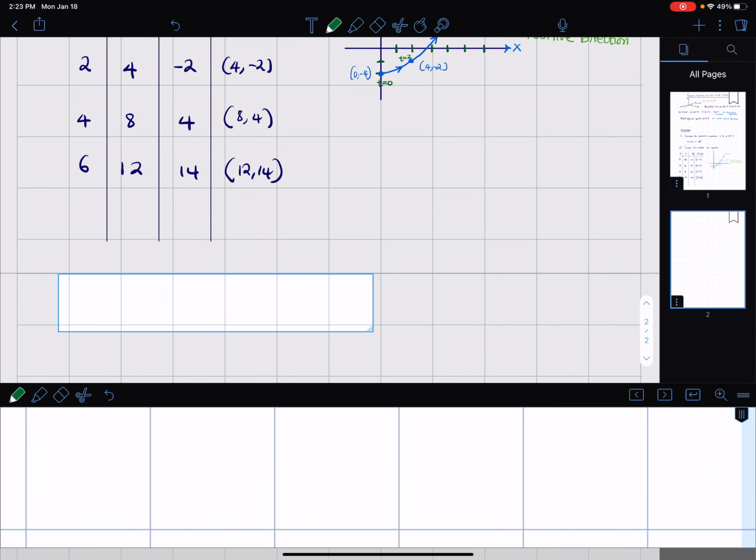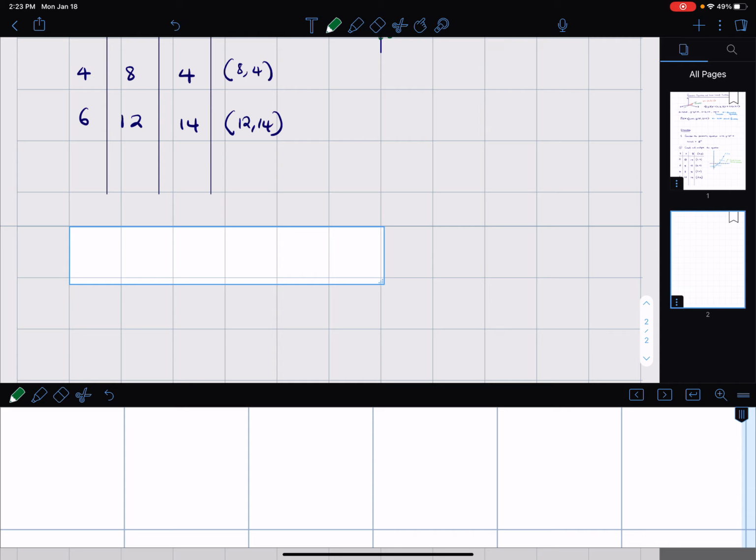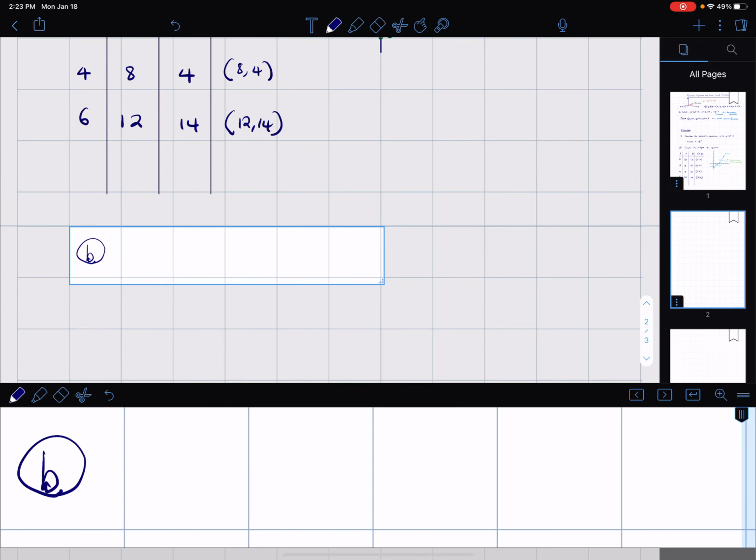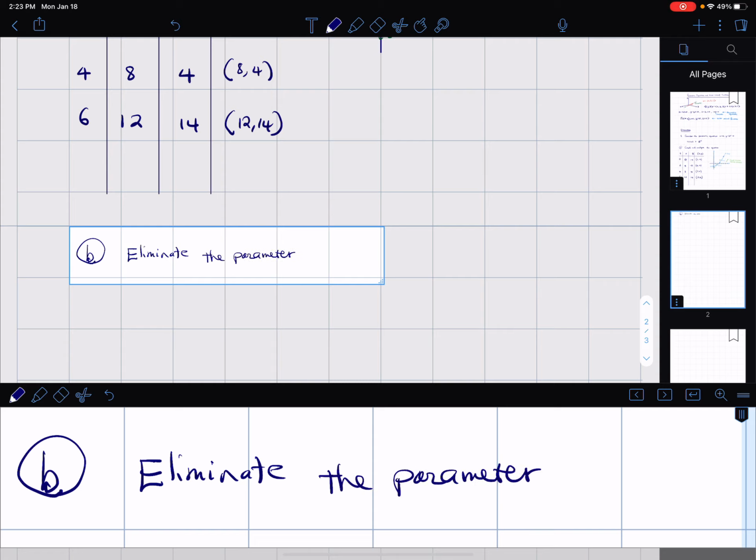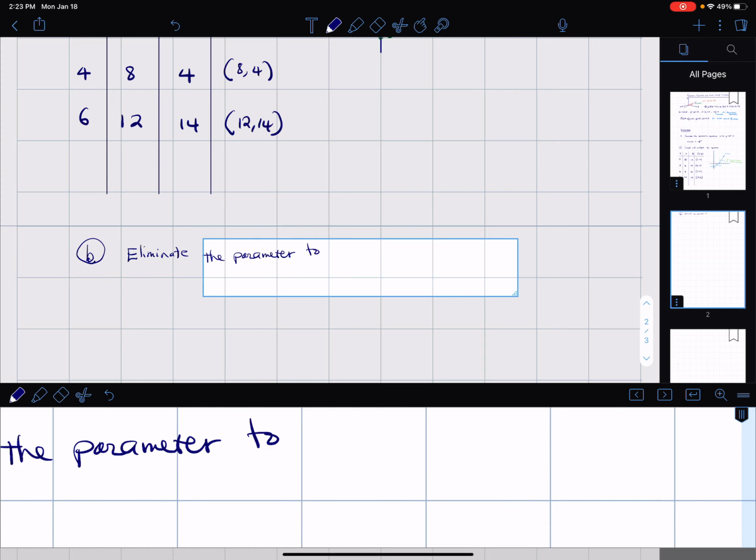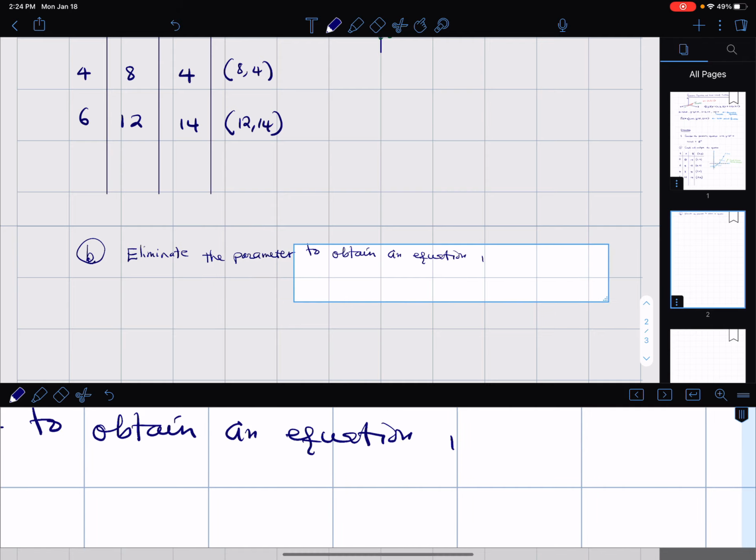All right. Now, what else can we do? We can ask another question. Can we eliminate the parameter to obtain an equation in terms of x and y?